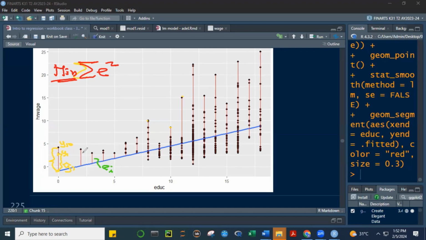So dapat yung square niya, ito yung E sub i squared for this particular error term. So bawat isa sa kanila, class, another E squared. So if we sum up all those squares, then we minimize it, then it will generate now our slope and our intercept.